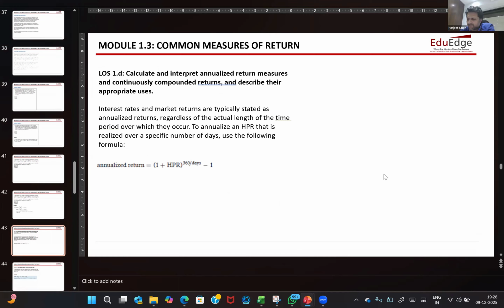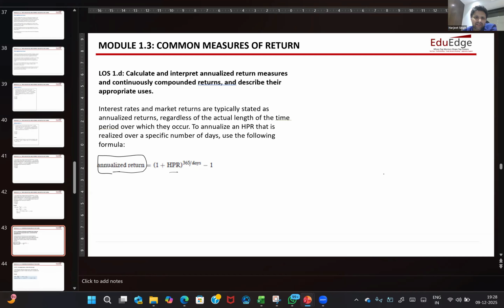Just a couple of more things before we close out today. One is annualized return. Can I say HPR can also be calculated for any unit bucket of return? I can also calculate HPR for 6 months. But then how to analyze that? Whatever return you calculate, 1 plus that return raised to 365 by days.